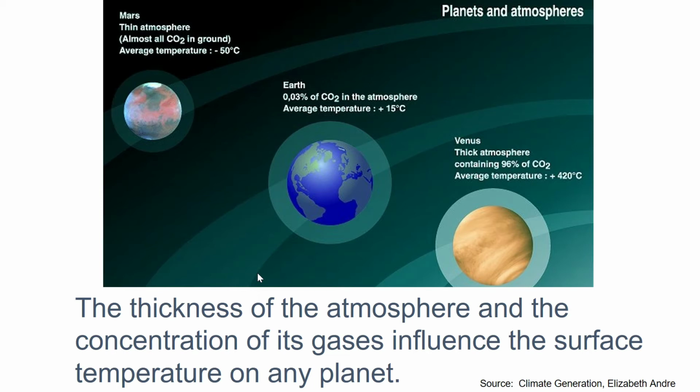Basically, in our Earth's atmosphere, I hope most of you know that 78 percent is nitrogen, and 21 percent is oxygen, and the rest is occupied by other gases, including CO2 and other things. So basically, the atmosphere of this particular Earth makes it suitable for human beings to live.